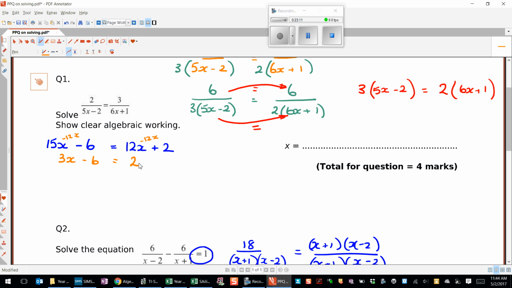I never do 2 operations in one go. Some of you subtract the 12x and add the 6 at the same time and write it all in one line. Feel free to carry on with that if it works for you. I never do, because I like to be able to check all my steps.